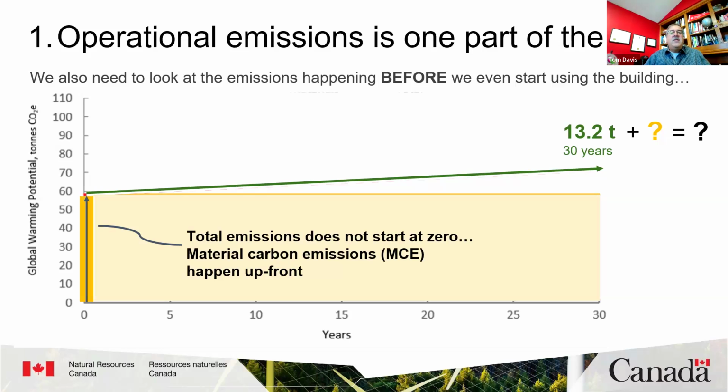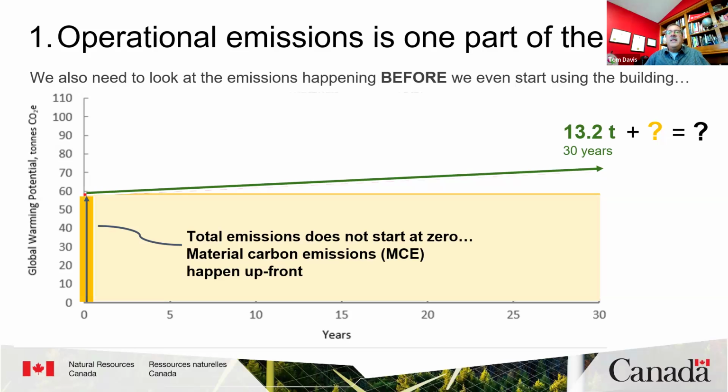On this graph, we're showing a yellow arrow at year 0, and this indicates the upfront emissions. If we don't know the amount of MCE, we really don't know the full climate impact of the house. Whatever the MCE might be, the house will carry that carbon footprint with it into the future.